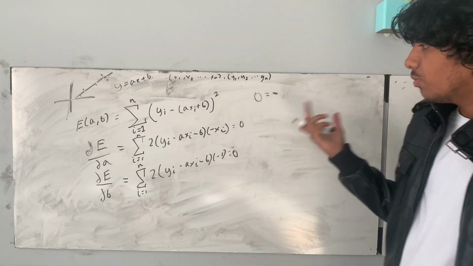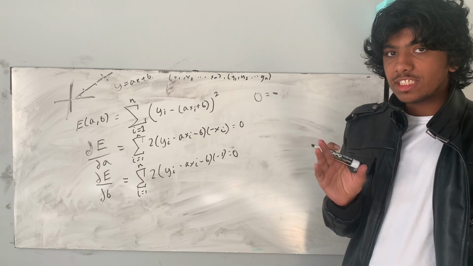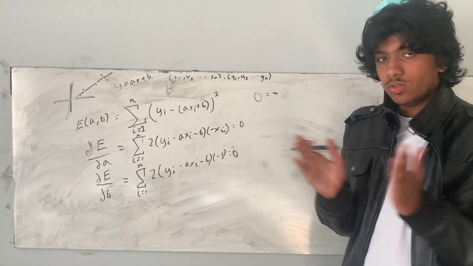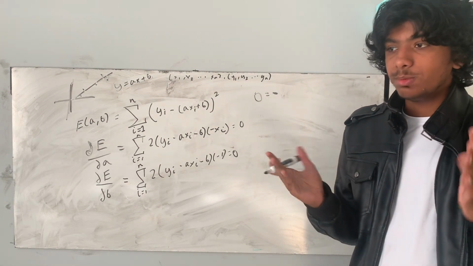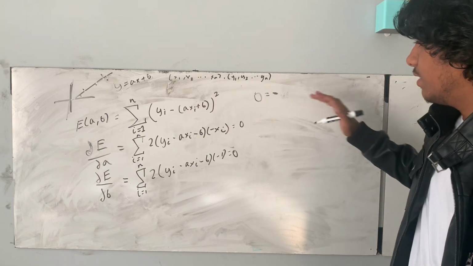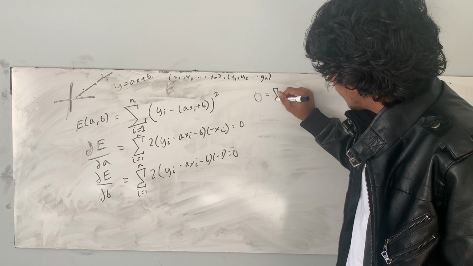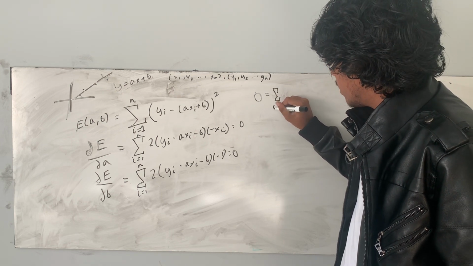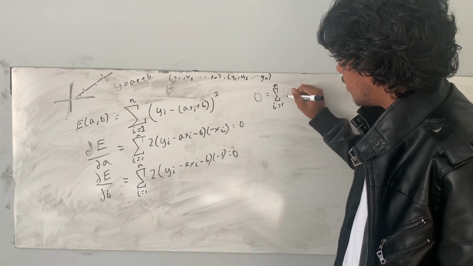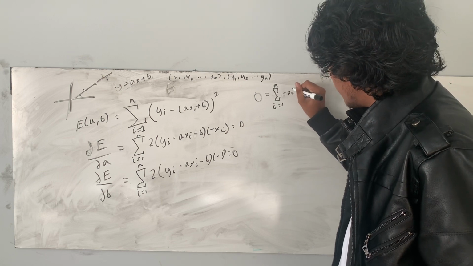Also, let's do one more thing. After we distribute it, I'm going to break the sum apart, because you can do that. We're just adding up terms, really grouping them. So 0 equals the sum of i equals 1 to n of negative xi yi.